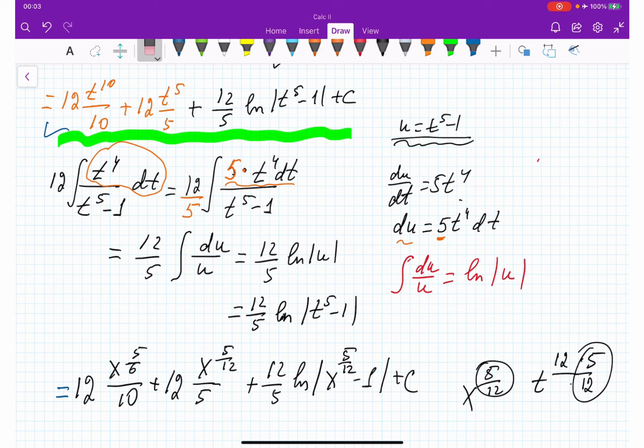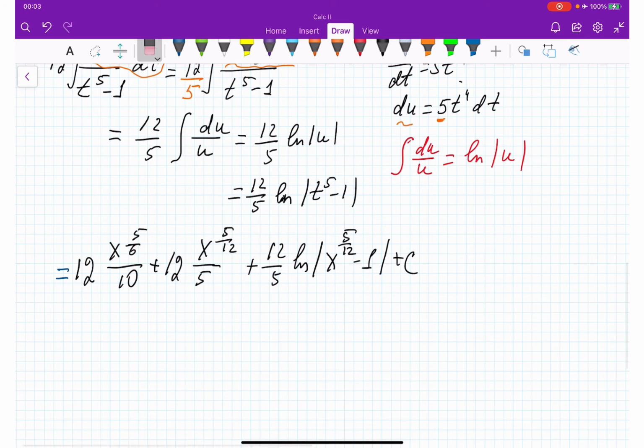And that's it. Now I'm going to put it in the format of radicals. First of all, 12 and 10 I can reduce by 2, so it's going to be 6 and 5, right? 12 and 5 here I can't do anything else.